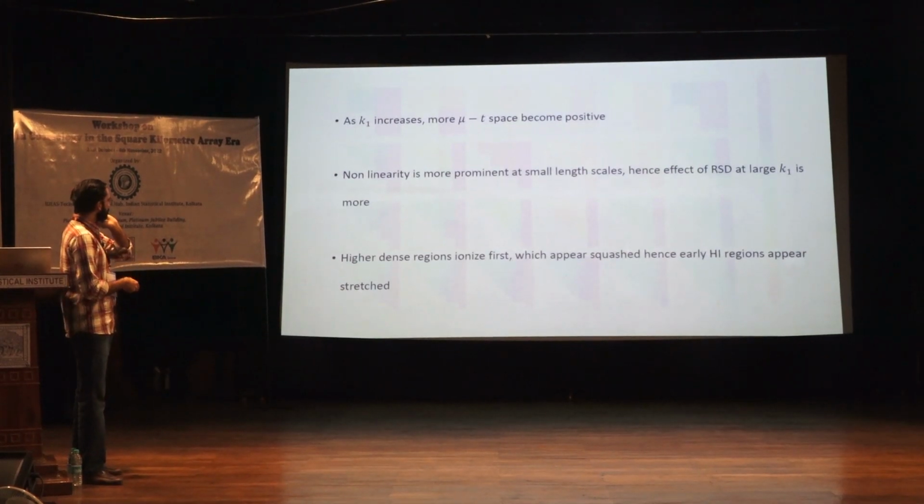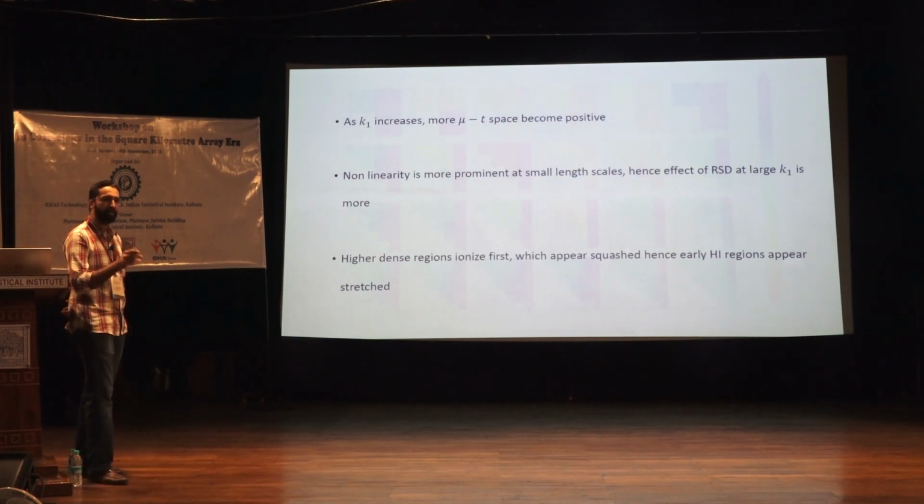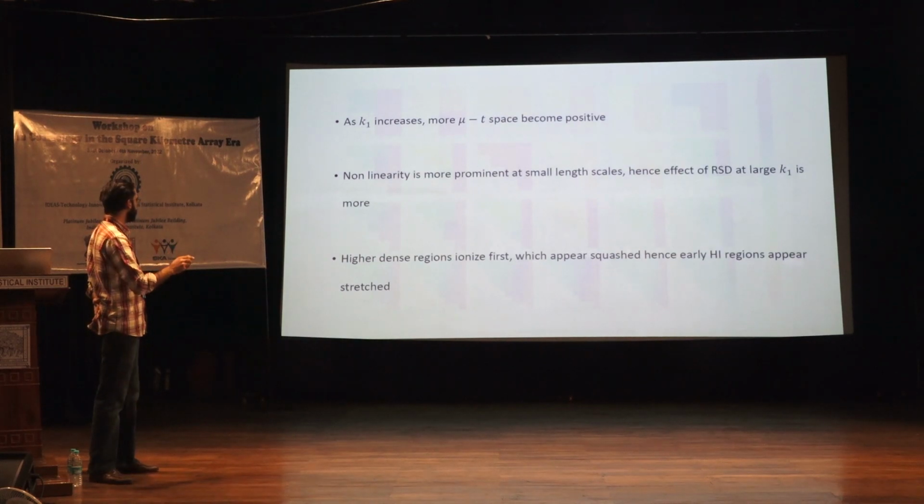This is the reason that the nonlinearity is more prominent at small length scales, hence the effect of redshift space distortion at large k is more.